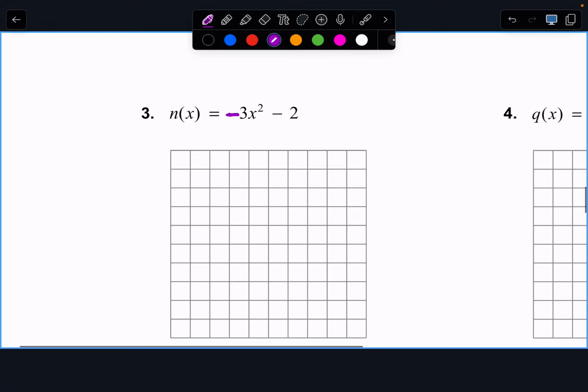So we know that this is making it reflected. What about the 3? What does the 3 do? It's going to make it skinnier, because a is bigger than 1.